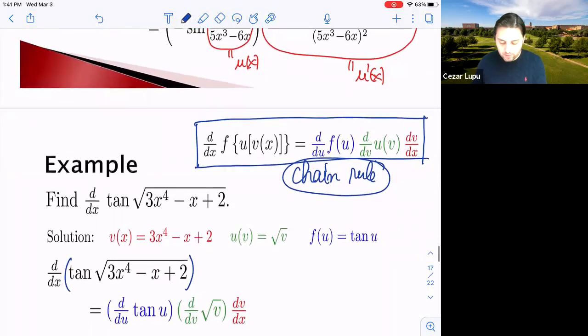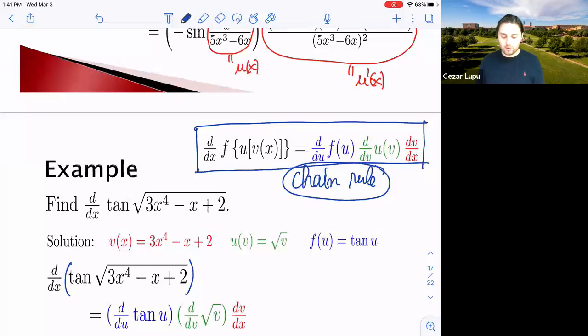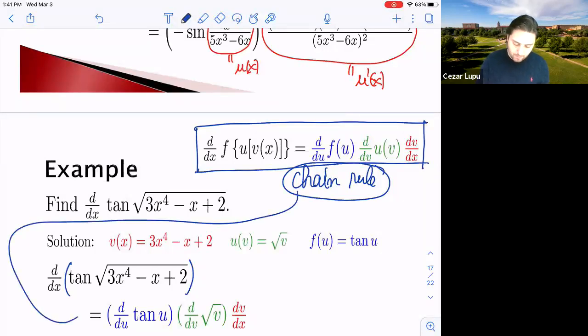So this guy will be equal to, by applying the rule here, the derivative of the tangent of u with respect to u, which we know how to compute, times the derivative of square root of v with respect to v, which we know how to compute. And at the end will be the derivative of v with respect to x, which we know how to compute.